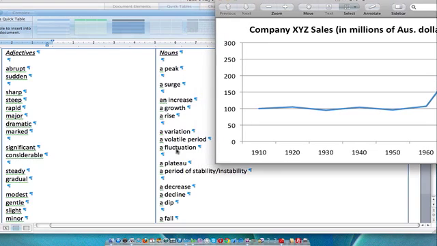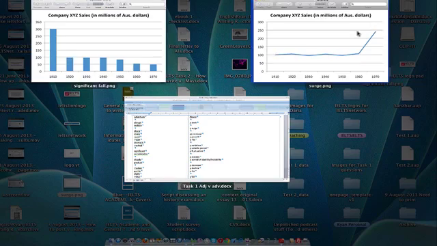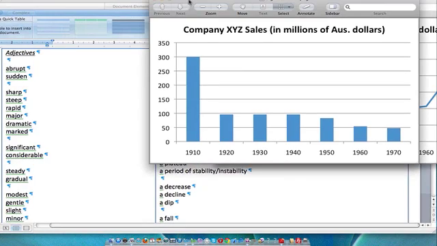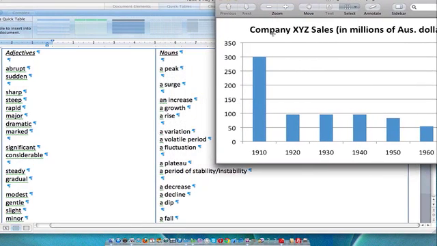A plateau, a period of stability or a period of instability. So this graph has a fairly accurate picture of a plateau. A plateau is a period when things don't change. So between 1920 and 1940, this is a plateau. And a period of stability is less rigid. If you're going to describe something as a plateau, it really should be more or less exactly the same.